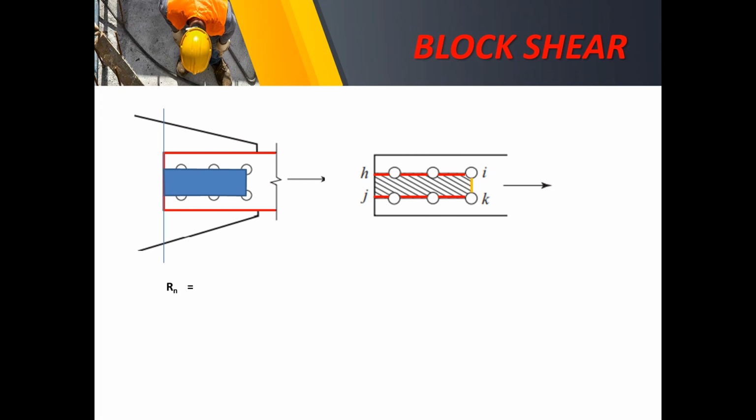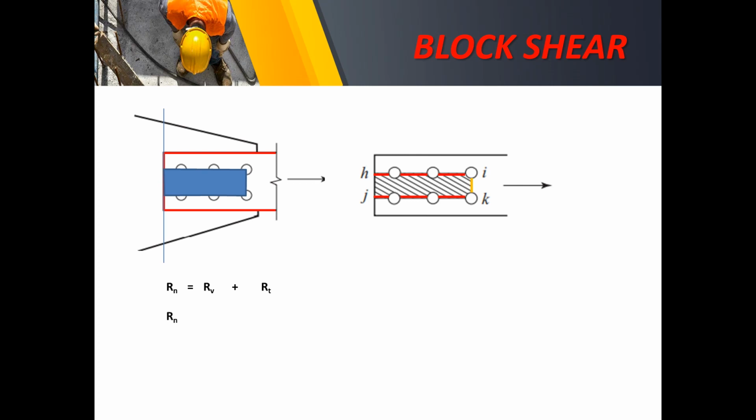The concept is that the nominal strength is equal to the strength from your shear stress plus the strength derived from the tensile stress, because as mentioned, there will be two stresses, the shear stress and the tensile stress.